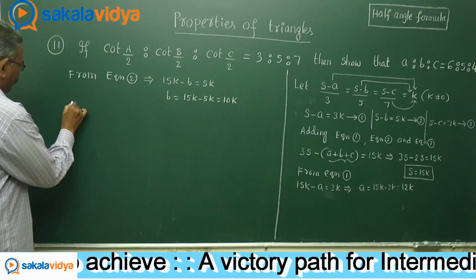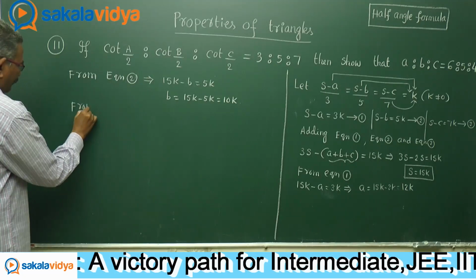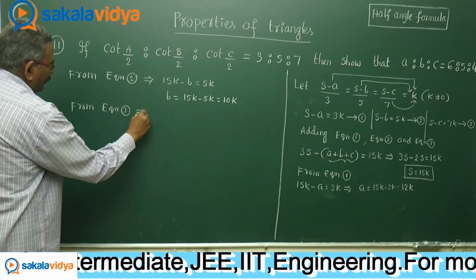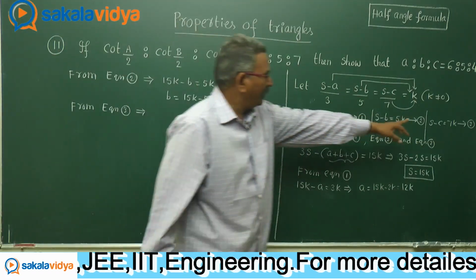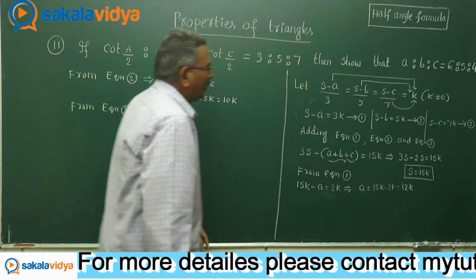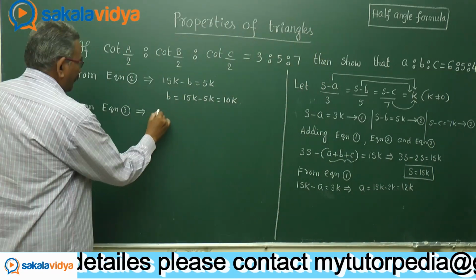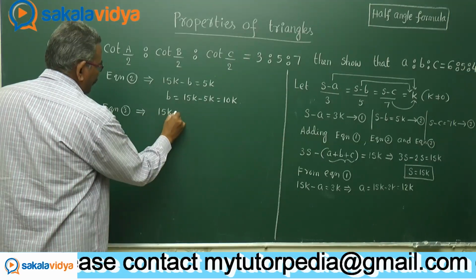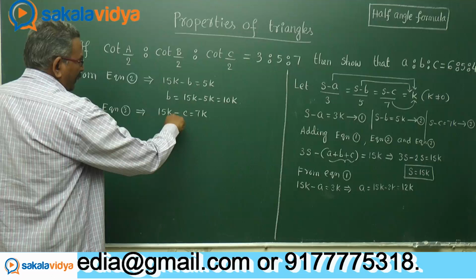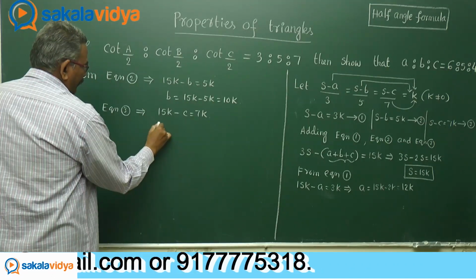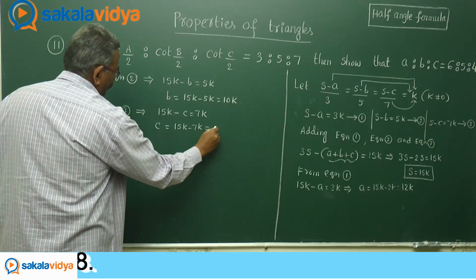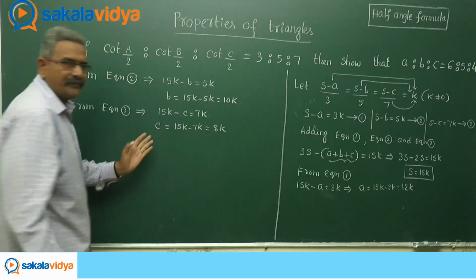Now from equation 3, replacing s with 15k, we get 15k minus c equals 7k. So c equals 15k minus 7k after transposition. We get 8k. Am I correct?